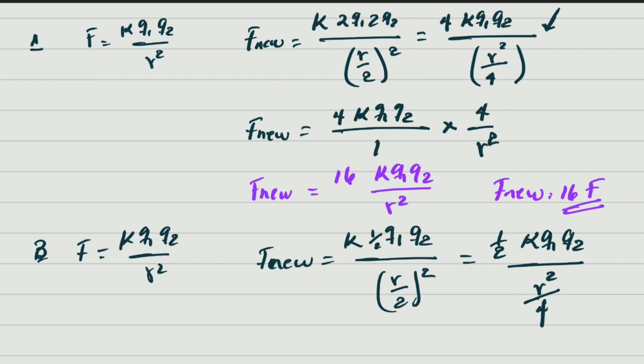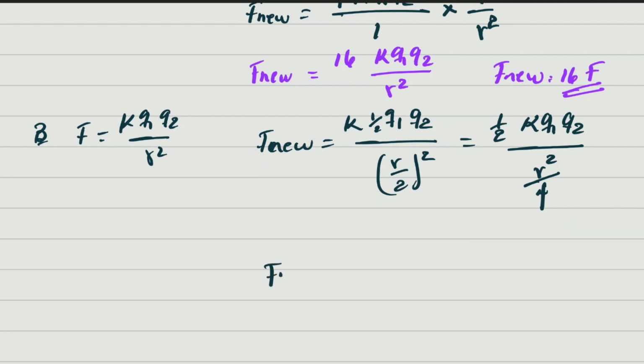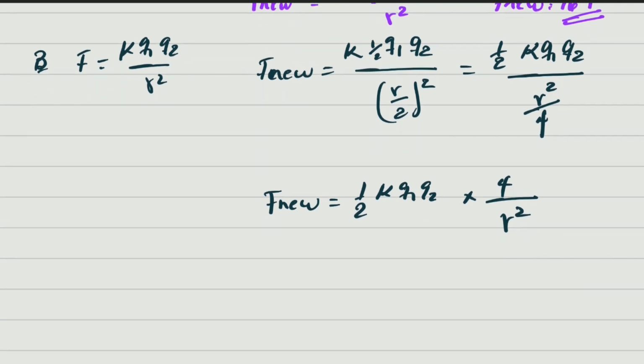This one is what you have here. Now when you solve this one, what you're going to do is exactly the same as before. This one is going to be equal to half K Q1 Q2 times 4 divided by R squared. And when you solve this one, it's simple maths. You can see that this 2 and this 4 will simplify, and you will have here that the new force is going to be equal to 2K Q1 Q2 divided by distance squared.